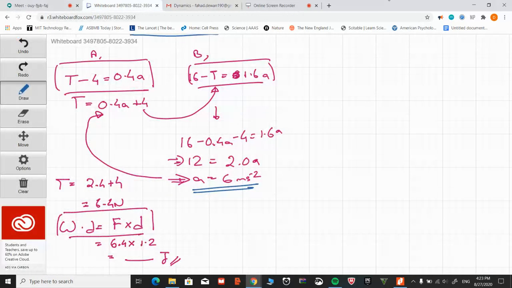Now remember, this question is very much similar to the one we did last time, about greatest height. I was saying that when one of the particles hits the ground, the tension in the string is lost. The string becomes slack. So the upward moving particle continues to move upward until gravitational acceleration, which acts downwards, slows it to rest.